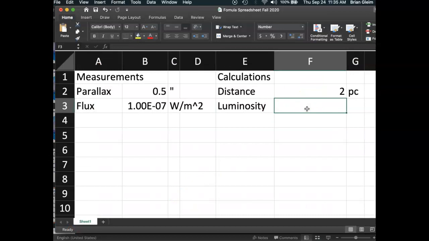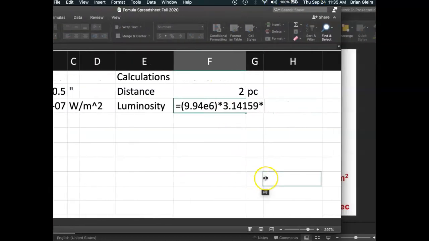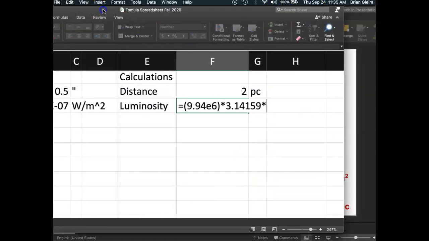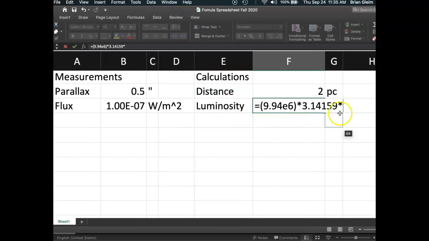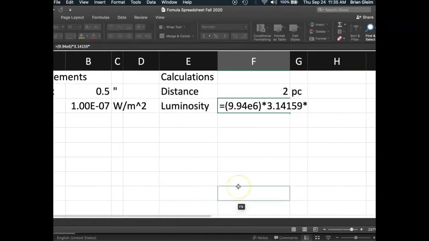So the luminosity of that star equals 9.94 times 10 to the 6th power times pi, 3.14159, times the flux, which is that cell right there.